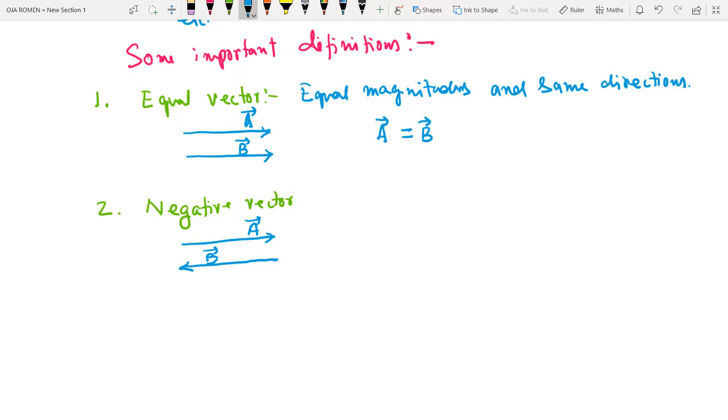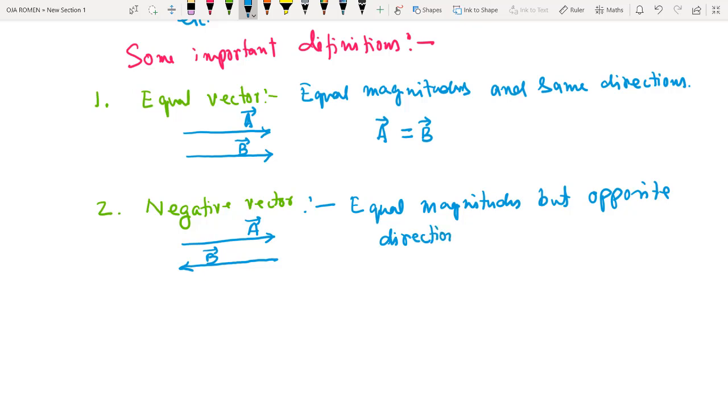So two vectors are said to be negative vectors, meaning A is negative of B, when they have equal magnitudes but opposite directions. So A is equal to minus B.